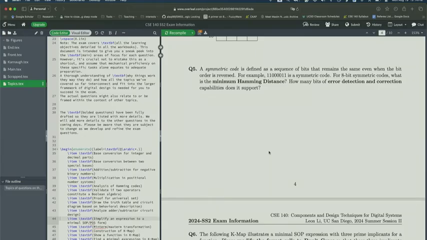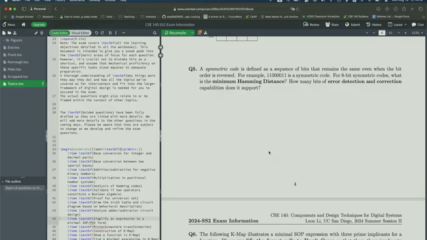So let's say 0, 0, 0. How many bits? 8 bits. 0, 0, 0, 1, 1, 0, 0, 0. This is a symmetric code. And the nearest neighbor to this would be something like you change 1 bit on the left, which will cause another bit flip on the right. And they differ by a Hamming distance of 2.